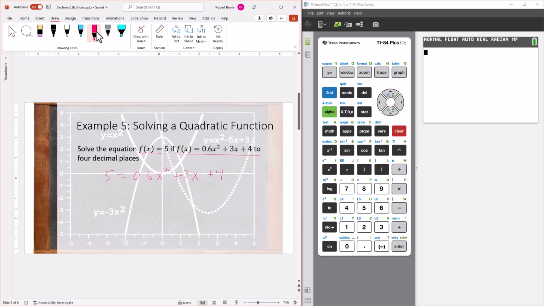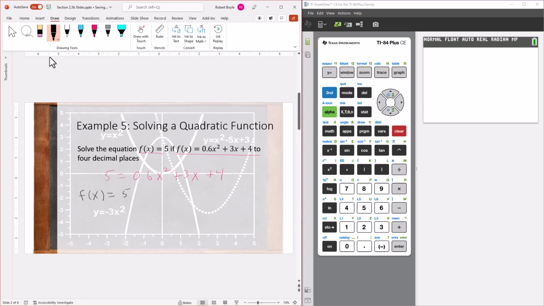And so you could do that analytically, or you could do that using a calculator. Now, using a calculator, this is what we're planning on doing. We are going to plot f of x is equal to 5. What's that going to give us? That is going to give us a horizontal line at y is equal to 5 for all values of x. So whatever the value of x is, y is equal to 5.